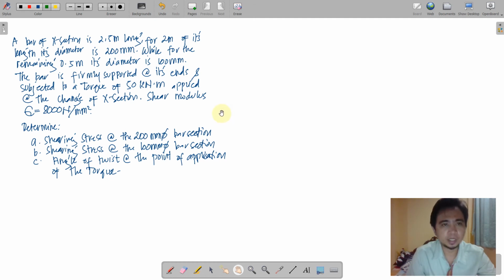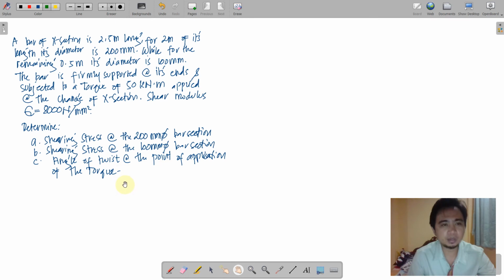The bar is firmly supported at its end and subjected to a torque of 50 kilonewton meter applied at the change of the cross section. If shear modulus is 8,000 Newton per millimeter squared, we are required to determine the shearing stress at the 200 millimeter diameter and at the 100 millimeter diameter bar section, and the angle of twist at the point of application of the torque.